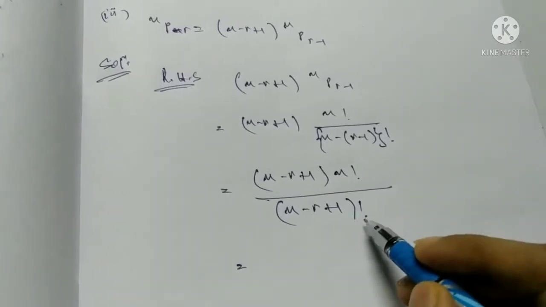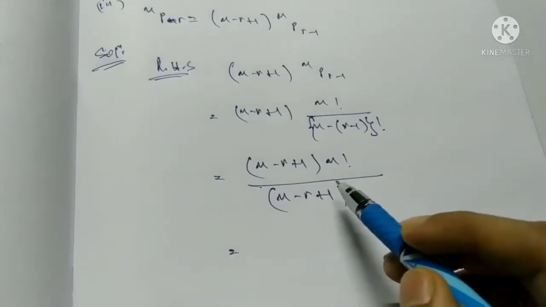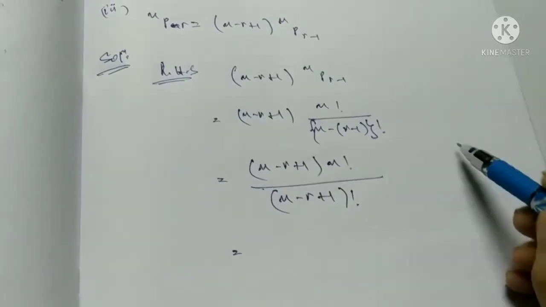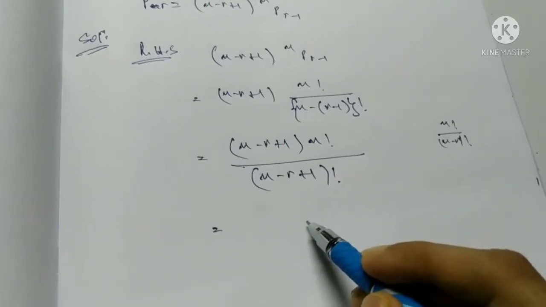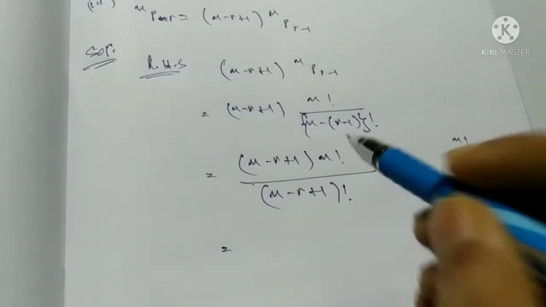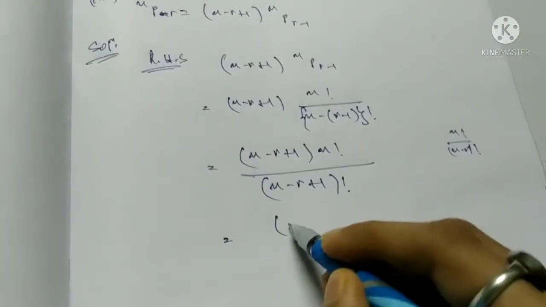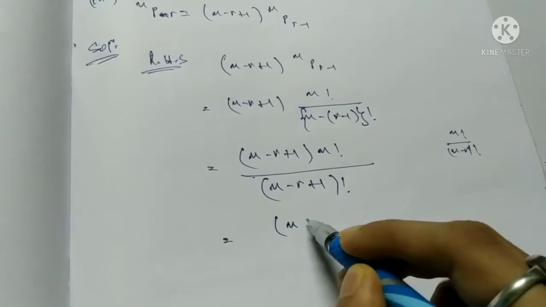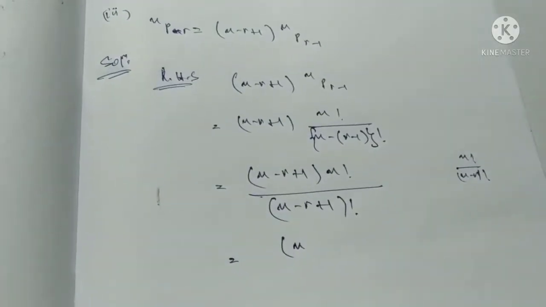Here I have to prove nPr, that is n factorial by (n minus r) factorial. I will have to prove that here, n minus r factorial.